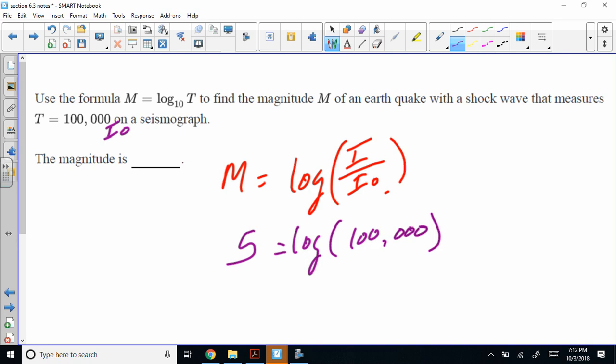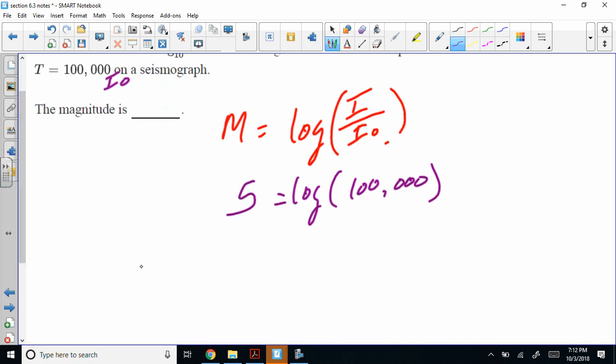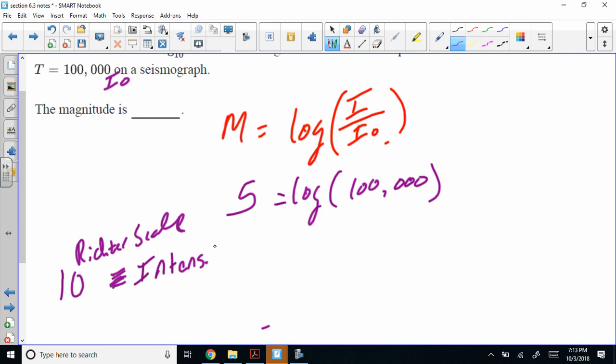If they ever want you to do 10 raised to the Richter scale would equal the intensity, right?